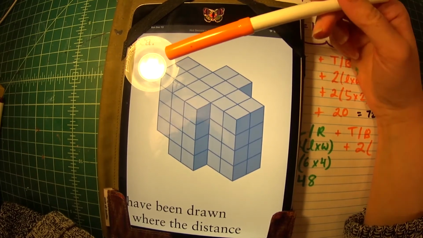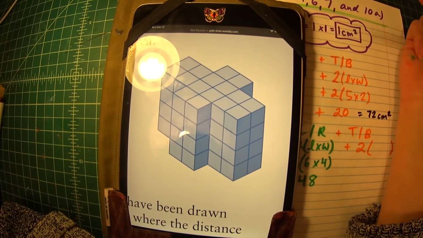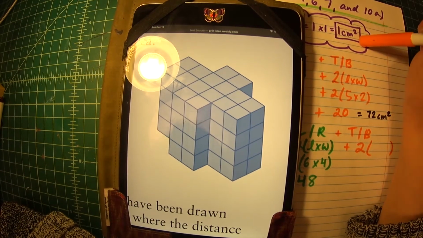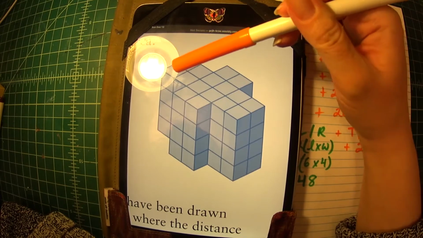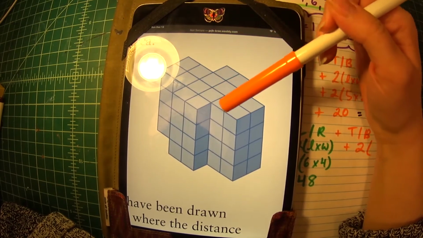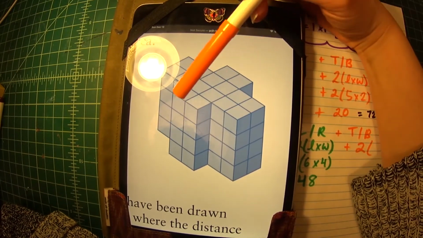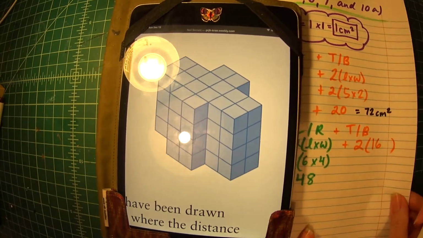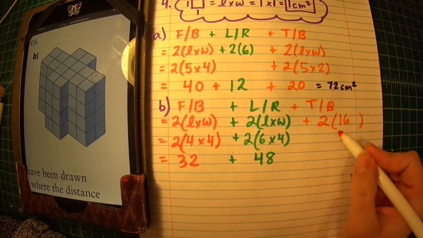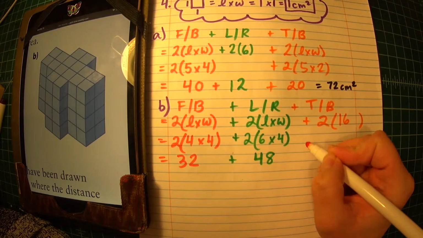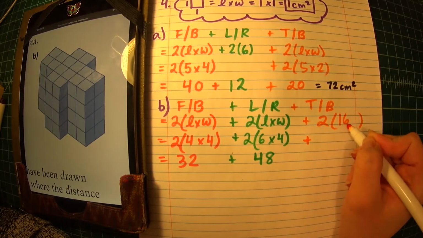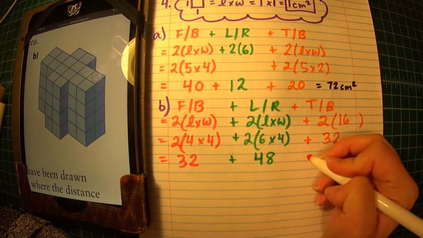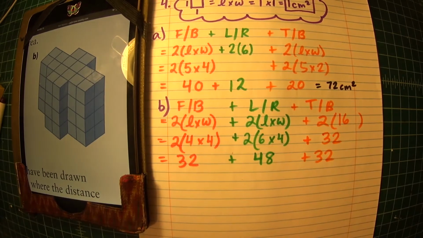But because I have the little square units and I know each one is worth 1 centimeter square, I personally find it easiest just to count them up. 2, 4, 6, 8, 10, 12, 14, 16 centimeters squared for the top there. And then because I have an identical bottom to that, 2 times 16 would give me 32. Bring that down here.